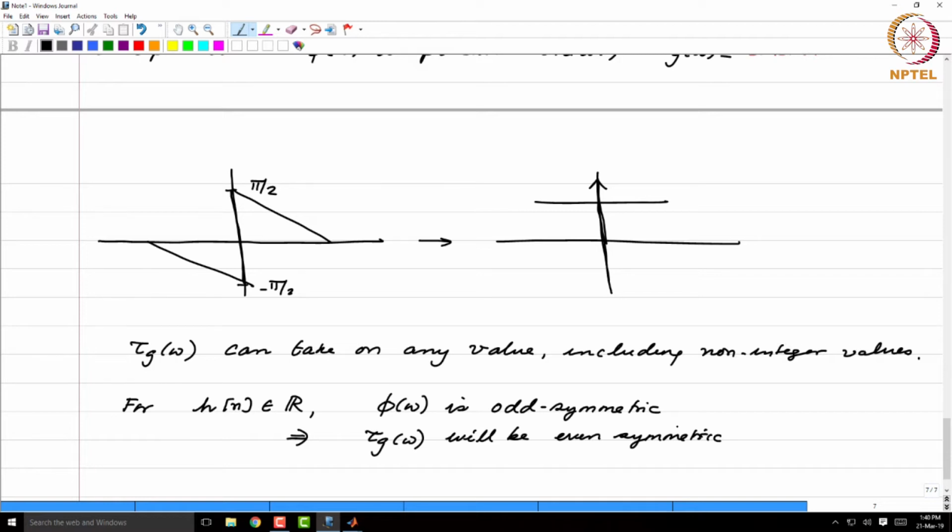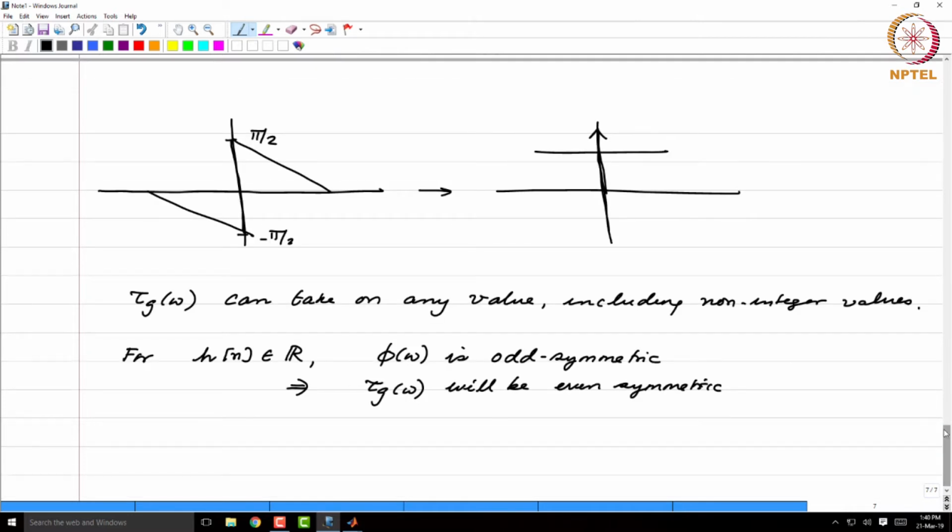Again, this is satisfying because you expect the delay to be the same for plus omega naught and minus omega naught, which corresponds to a component at omega naught. You want the delay to be the same for a real valued signal. So, everything is falling in place. You do not want plus omega naught and minus omega naught suffering different delays for a real valued system, and that falls out from the symmetry property of phase angle and its corresponding derivative.